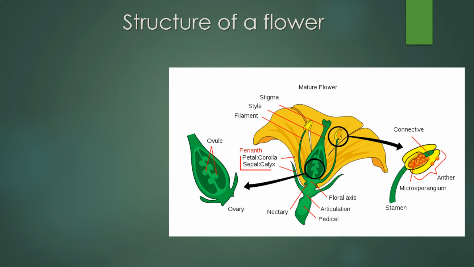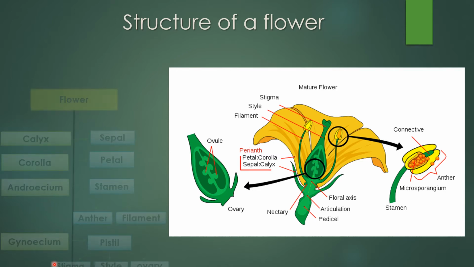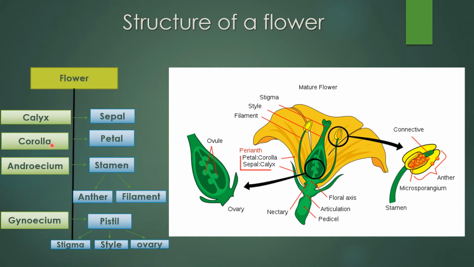So here is a cross section of a flower. Now all of you know that a flower has 4 whorls. The first one is the calyx, and the unit of the calyx is actually the sepal.